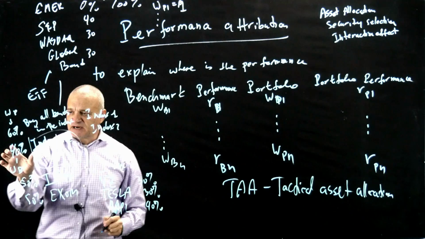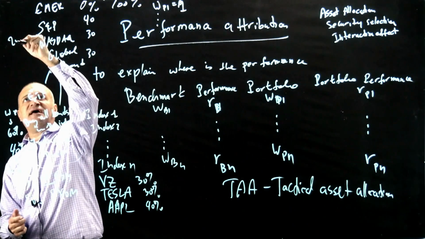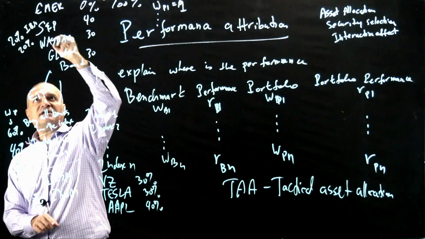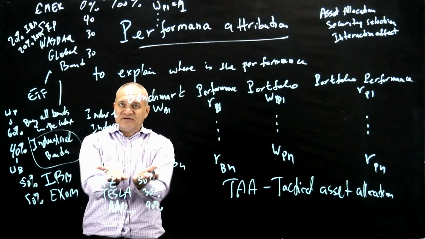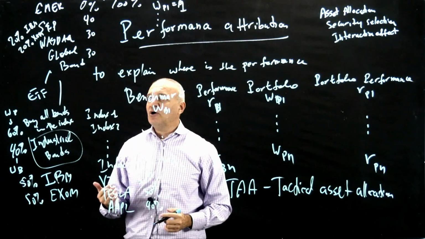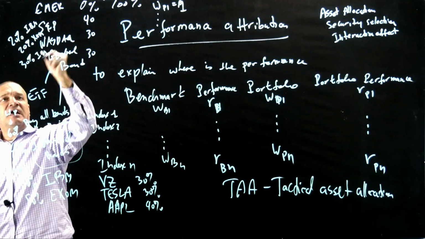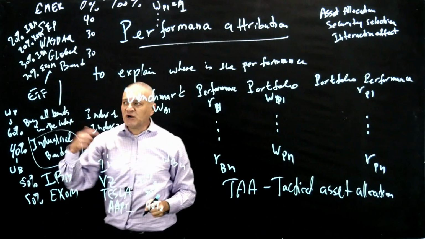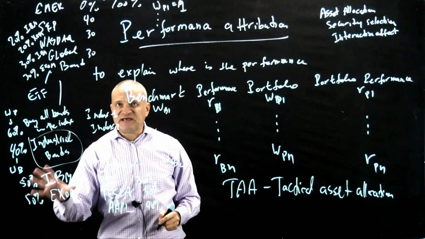While in the benchmark, this is 40%, with 20% IBM and 20% ExxonMobil, because your benchmark is 40% of your entire investment universe. In your portfolio you will invest 30% in IBM and 30% in ExxonMobil. So you are going to overweight, but you just overweight whatever is inside the benchmark.